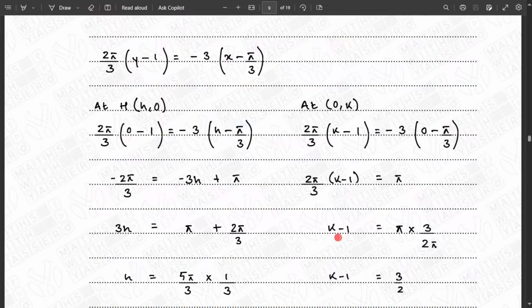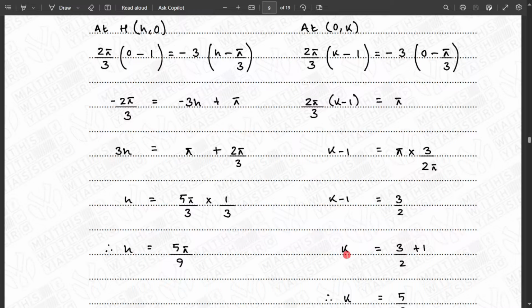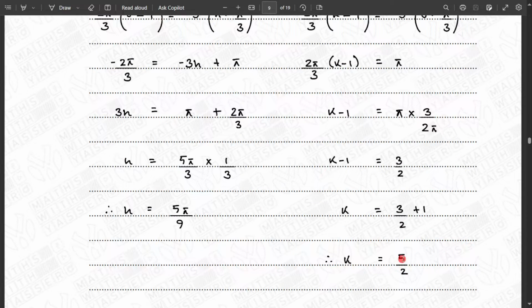So k minus 1 should be pi times 3 over 2 pi. We simply cross multiply this fraction and we have the reciprocal over here. So k minus 1 is equal to 3 over 2. Therefore k should be equal to 3 over 2 plus 1. So k will be 5 over 2.